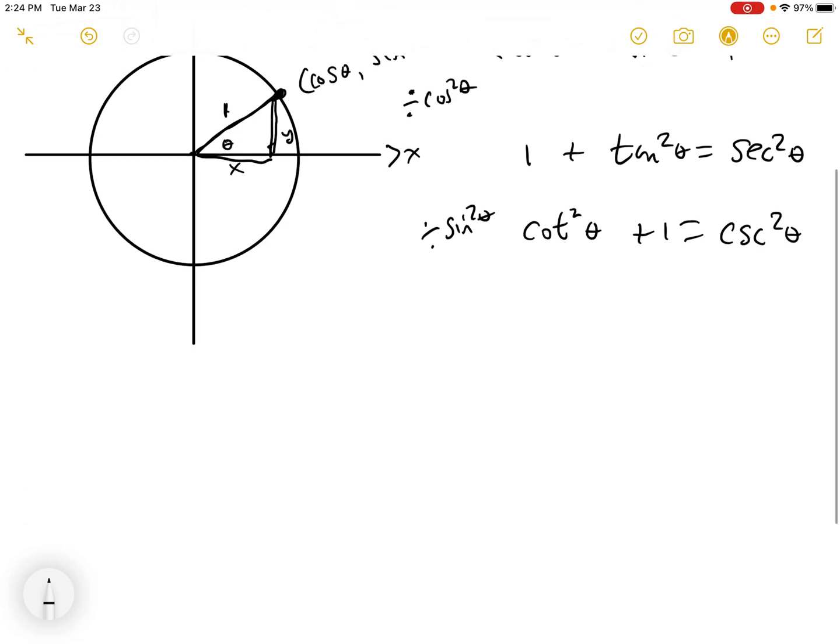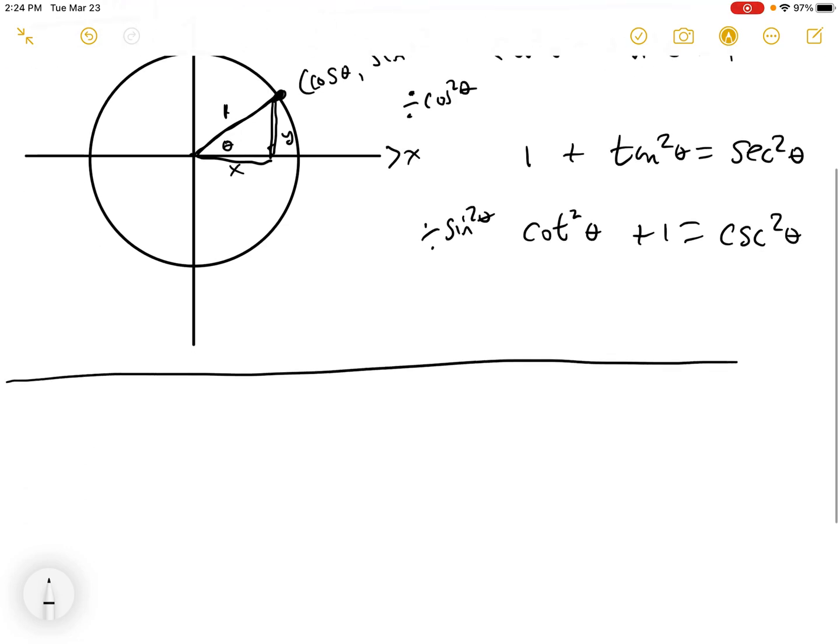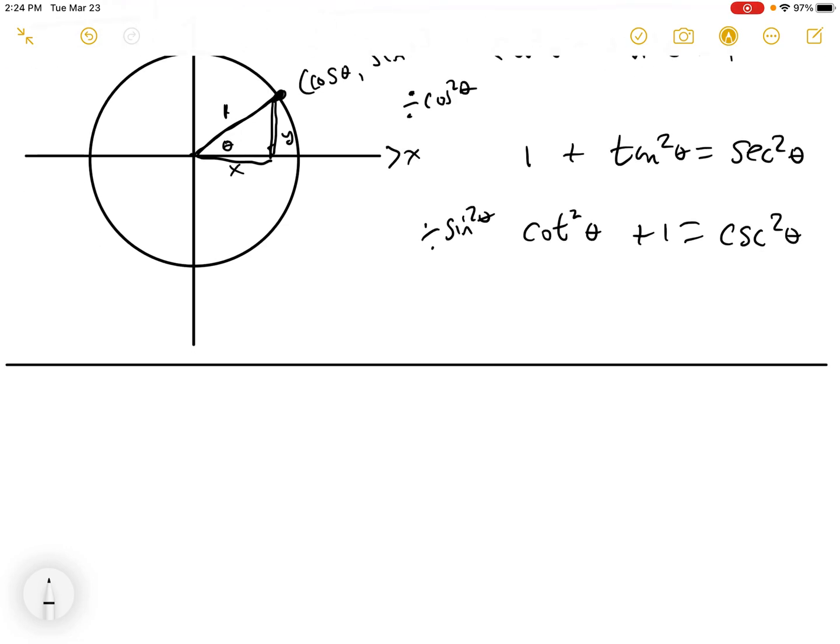Okay, so from last night's video that you watched for homework, just to recall what you've learned in the past, we're going to consider the function y equals the sine inverse of x, and it's implied that y lies between pi over 2 and minus pi over 2, and x lies between 1 and minus 1.